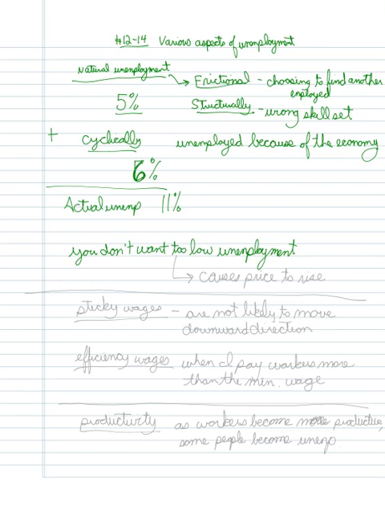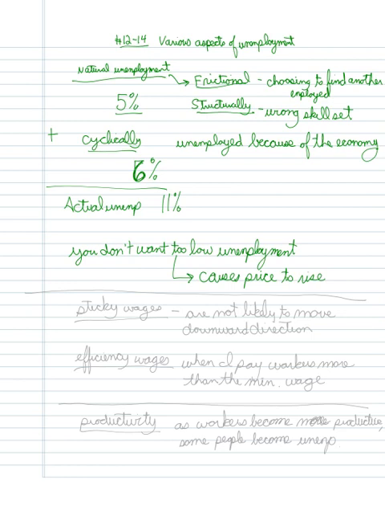So we are at a rate right now of less than natural unemployment. You don't want low unemployment because it causes prices to rise. It causes prices to rise because then you've got lots of people spending their money because they're all working, and firms have to raise their prices because they have to pay their workers more because their workers are incredibly scarce.